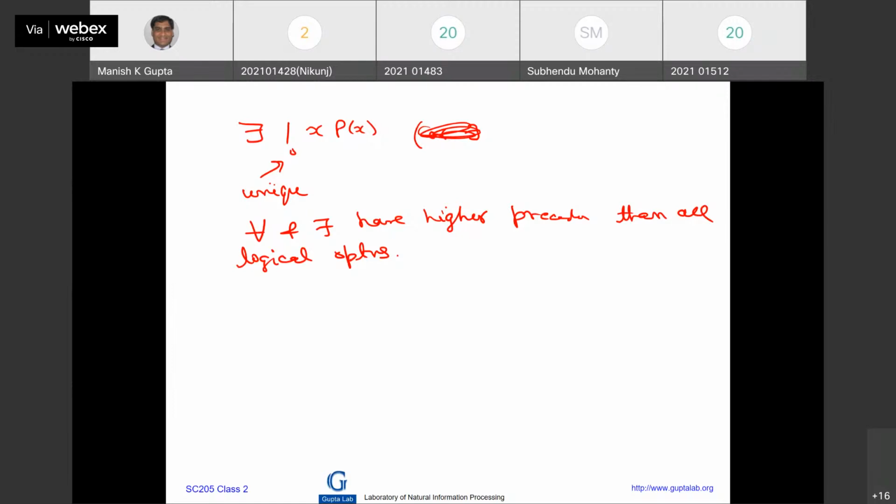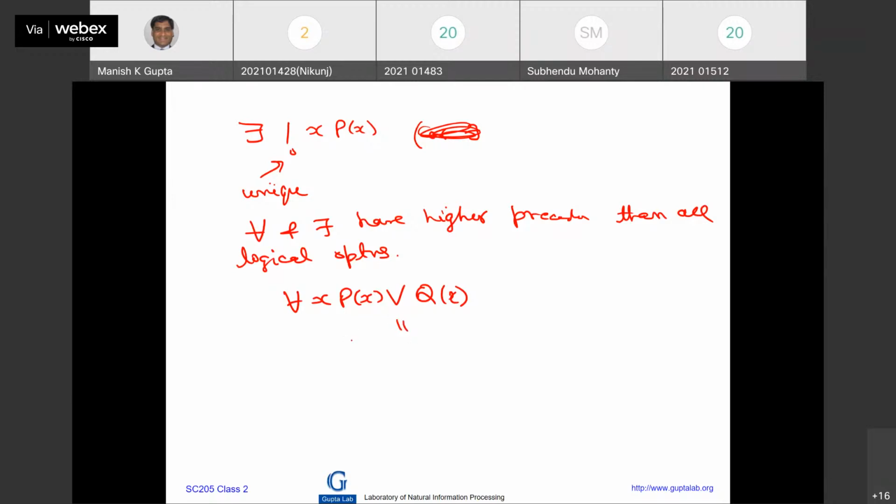For example, for every x, P(x) disjunction Q(x).